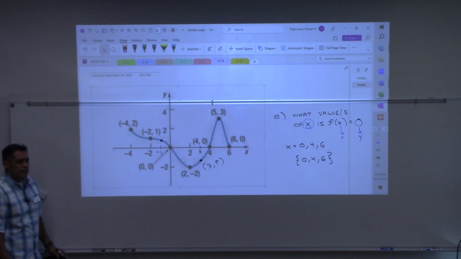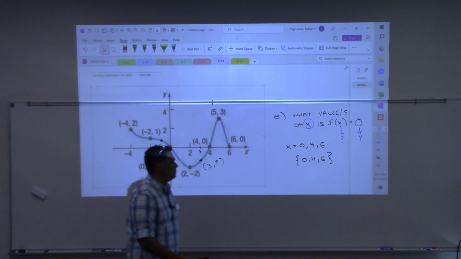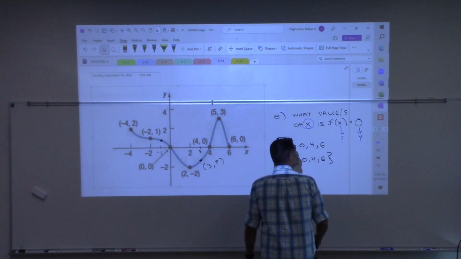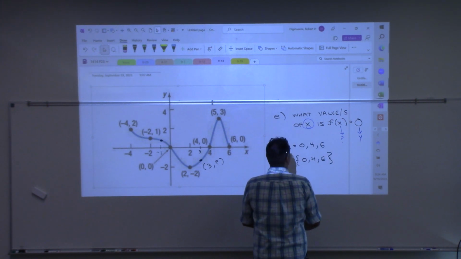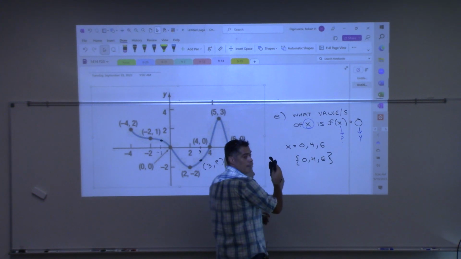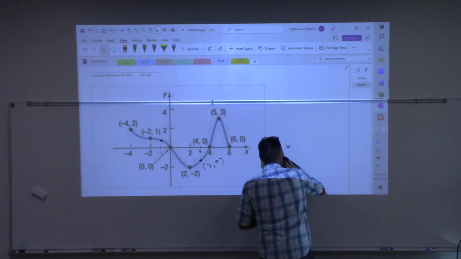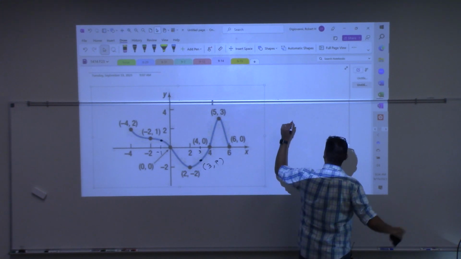Okay, good? All right, part F is a little harder. I'm going to have to erase this. Is that all right? Okay, F is almost the same thing, right?